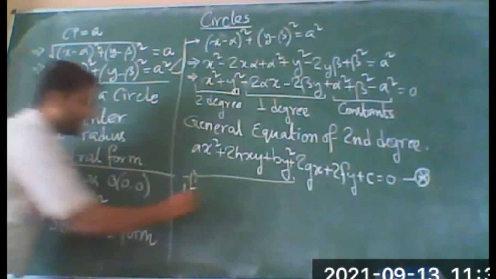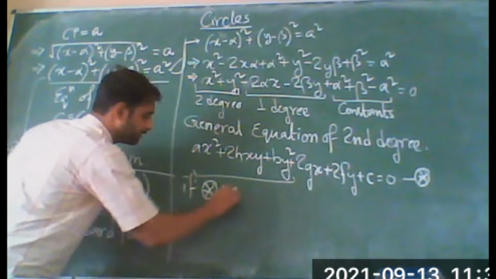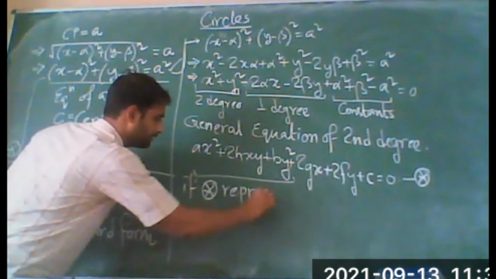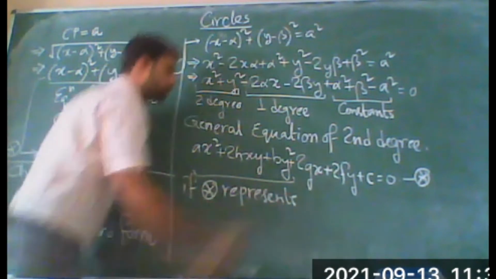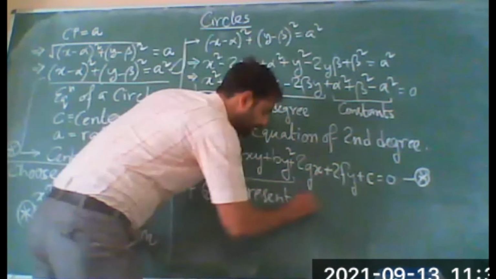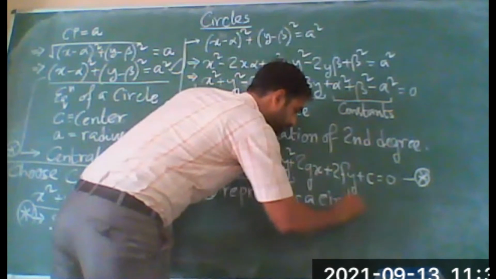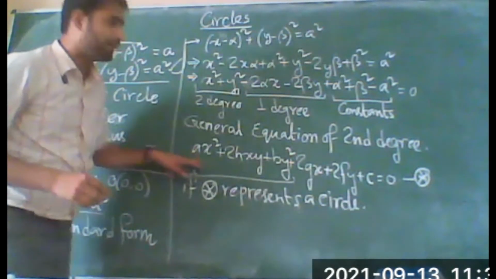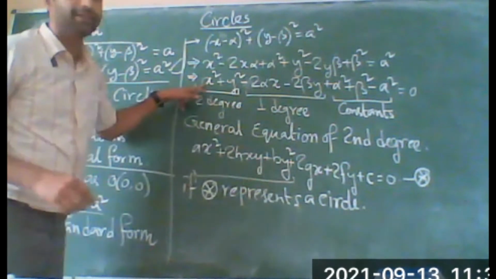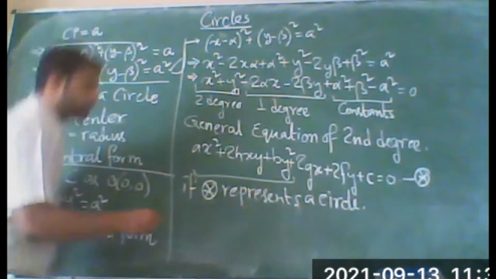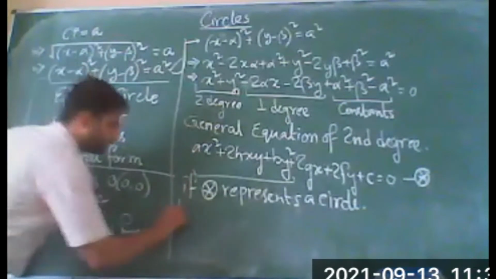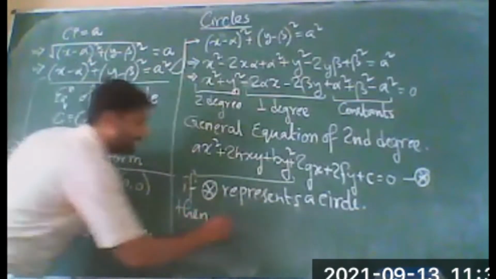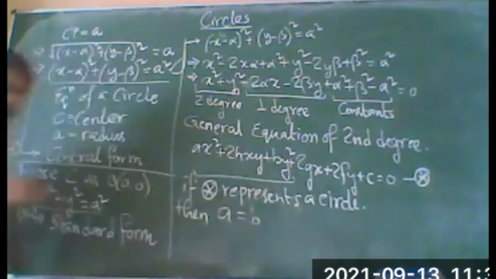So if this star represents a circle, then what you will get? The coefficient of x square and the coefficient of y square, as here, it should be equal. So then we can write, then a is equal to b.